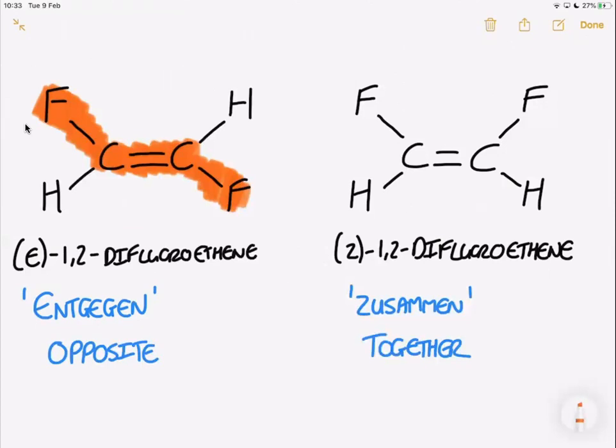By contrast, if you do the same thing for the Z isomer, they are pointing in the same direction, together away from the double bond.